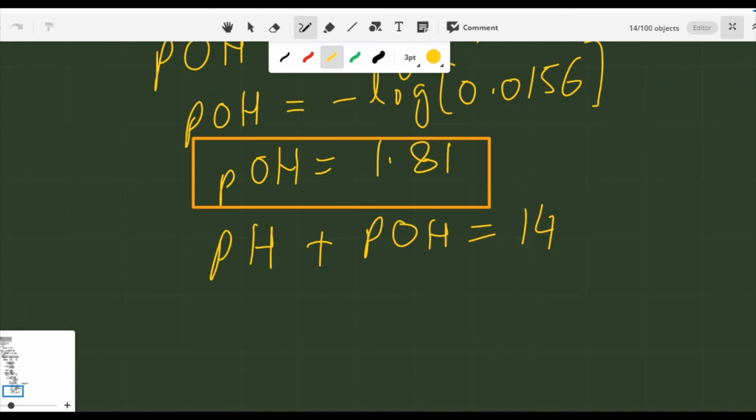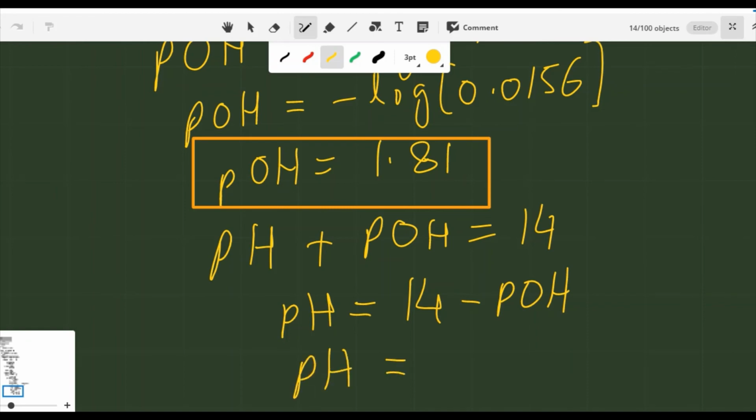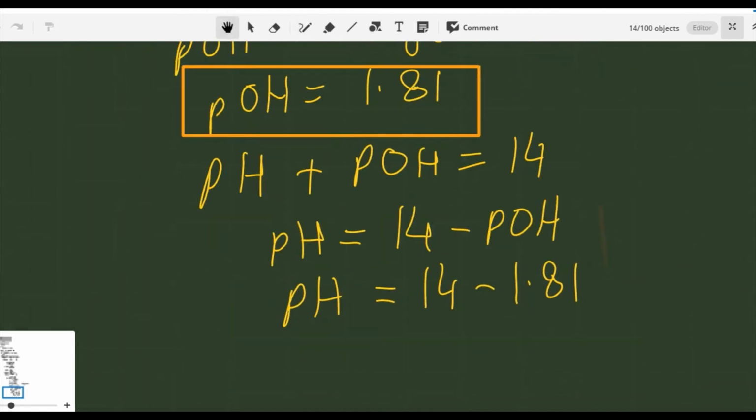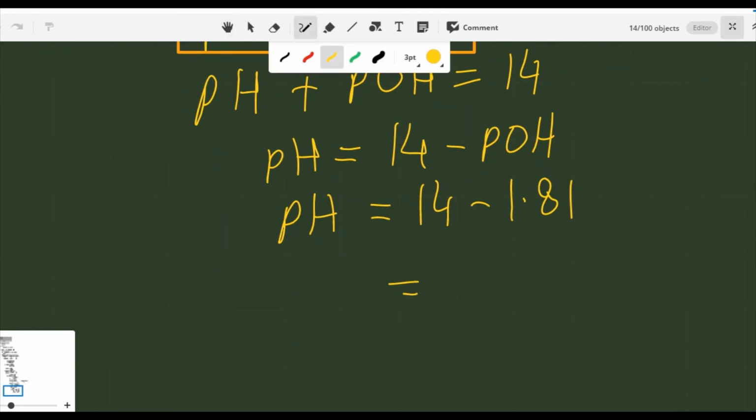So pH is equal to 14 minus pOH, which is 14 minus 1.81.